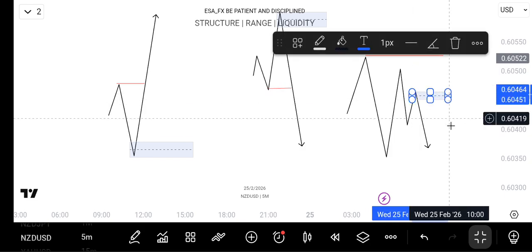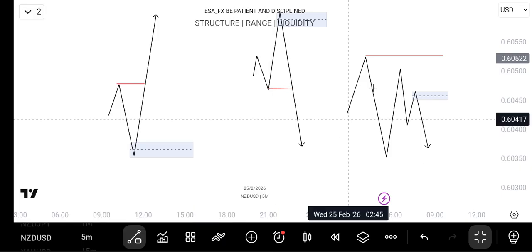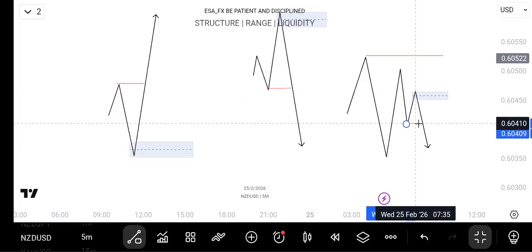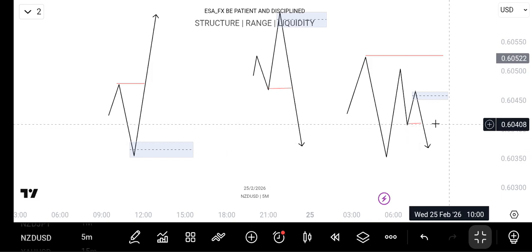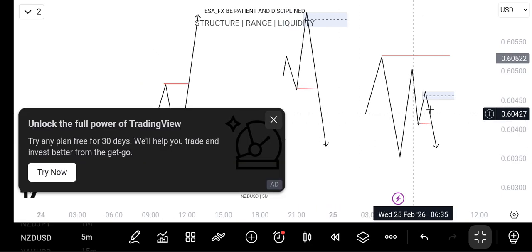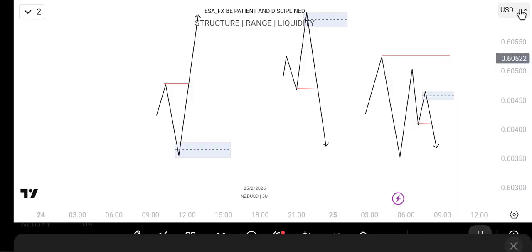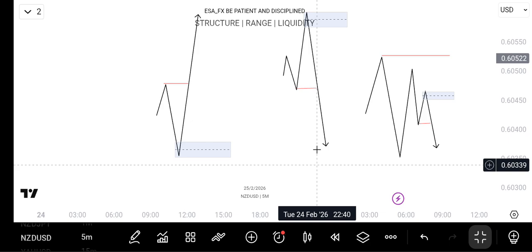Because I have an aggressive move and break of structure. Note the move has to be an aggressive move. You see the momentum of price in the opposite direction. That validates the order block, and it has to come with a break of structure.